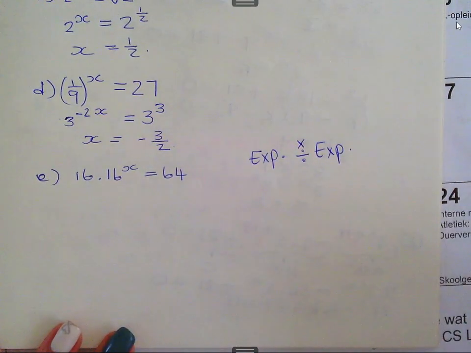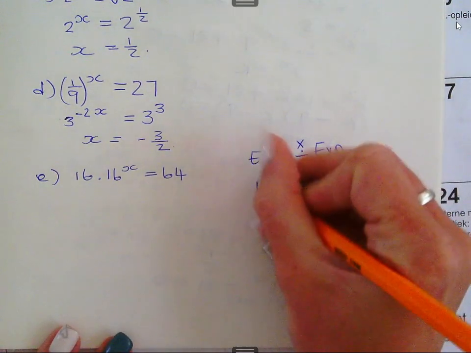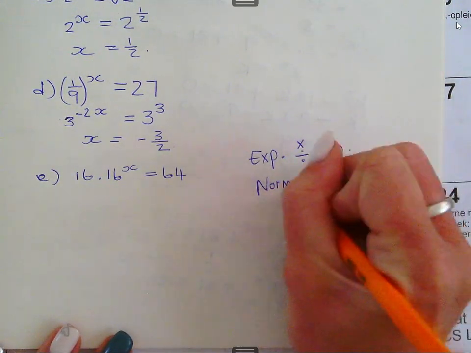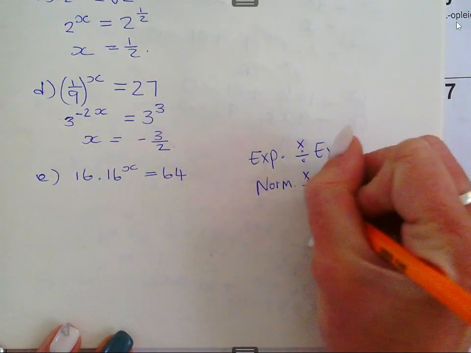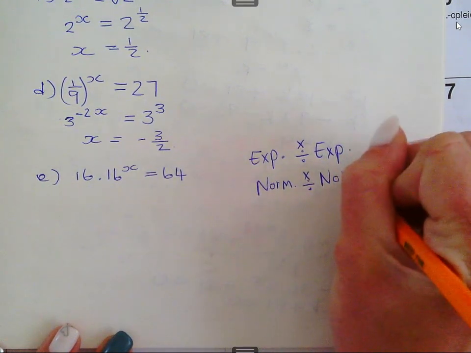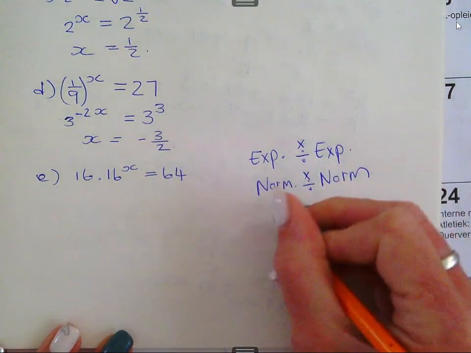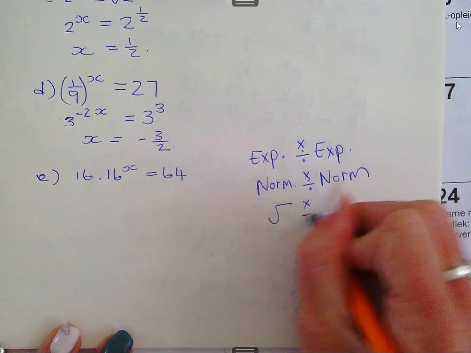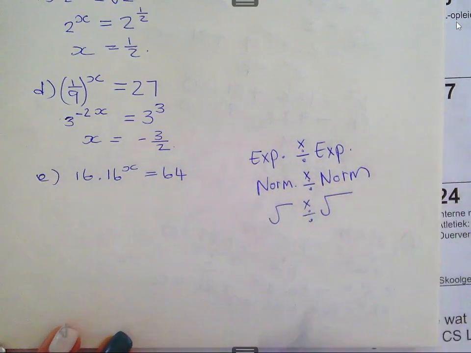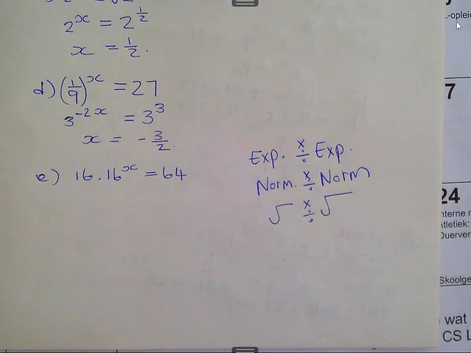You know that, no? Only a normal number can multiply and divide with a normal number. And only a surd can multiply and divide with a surd. You cannot multiply a normal number with a value that's in exponential form.